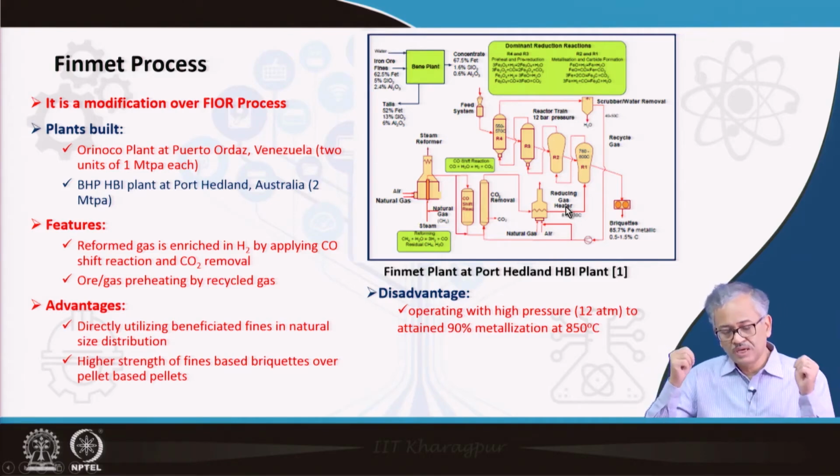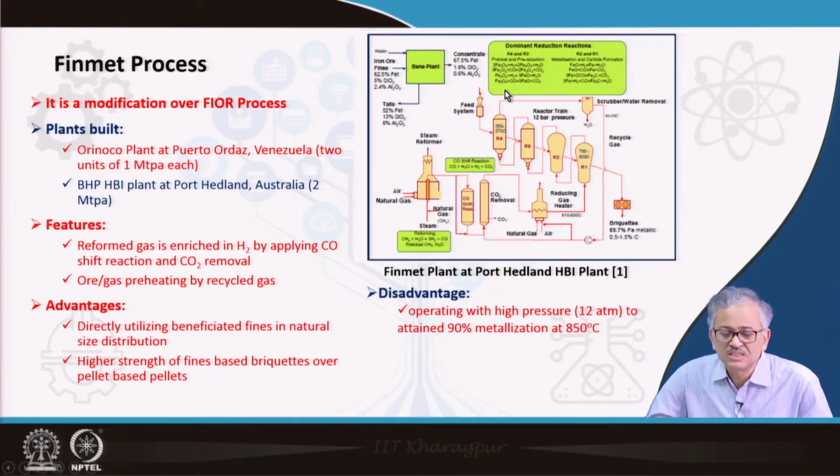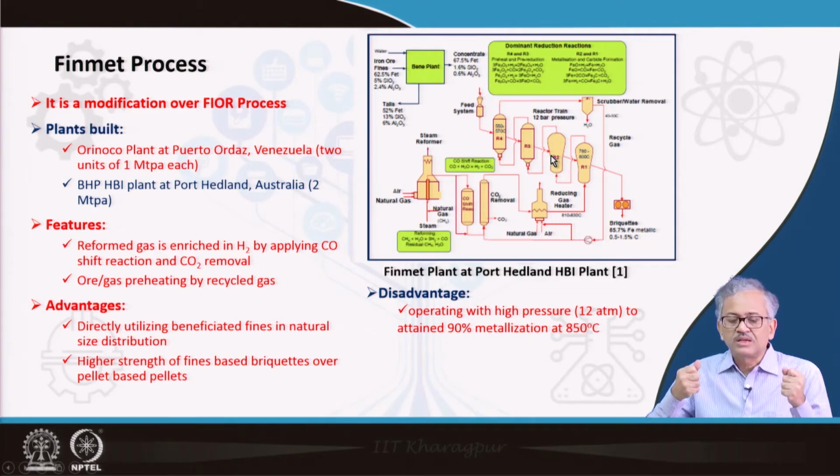The disadvantage is operating with high pressure. There is 12 atmospheric pressure; all the fluidized bed reactors are at 12 atmospheric pressure. To attain 90% metallization at a comparatively lower temperature of 850 degrees centigrade, you have to process with very high pressure.